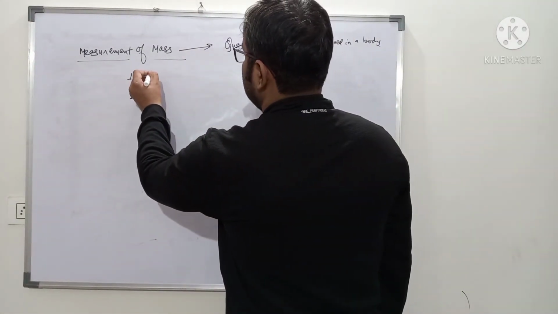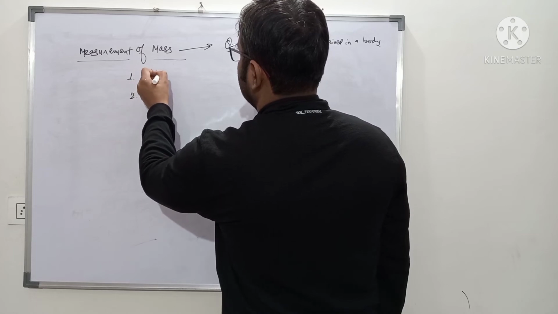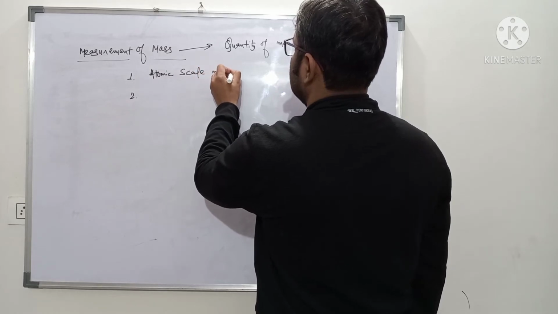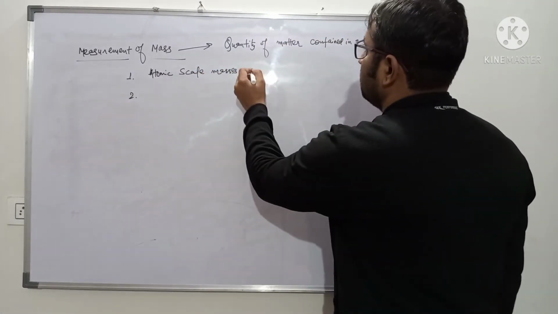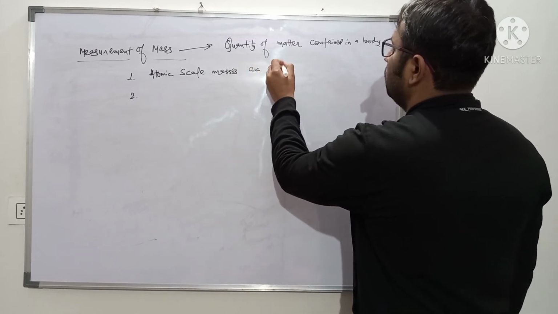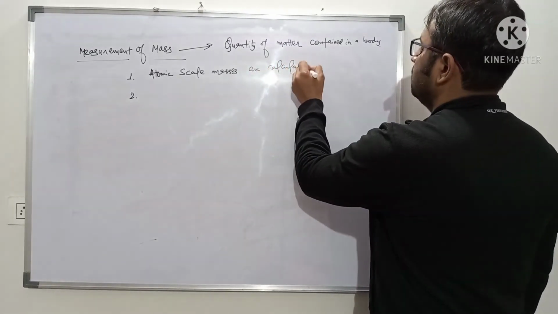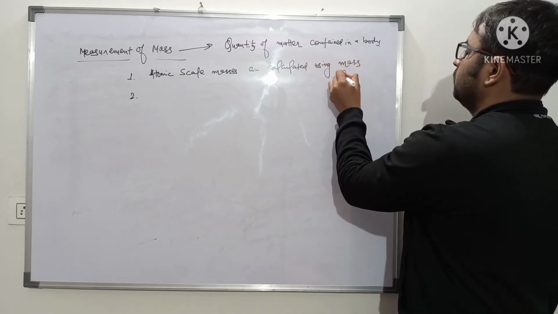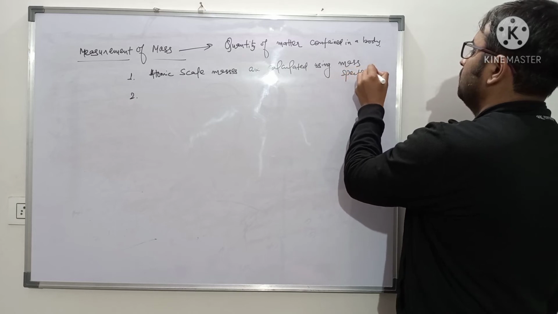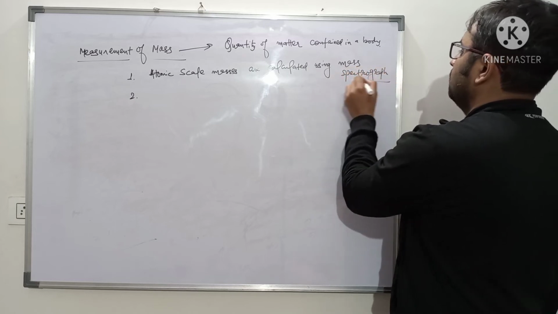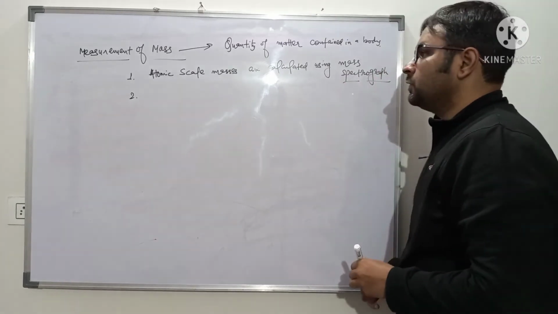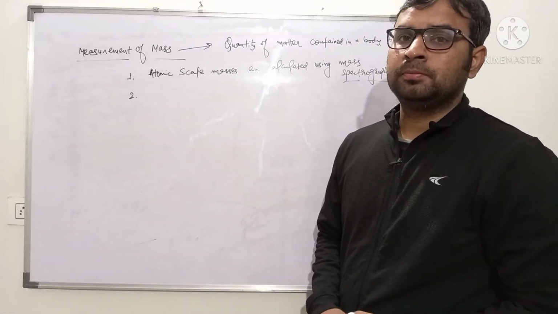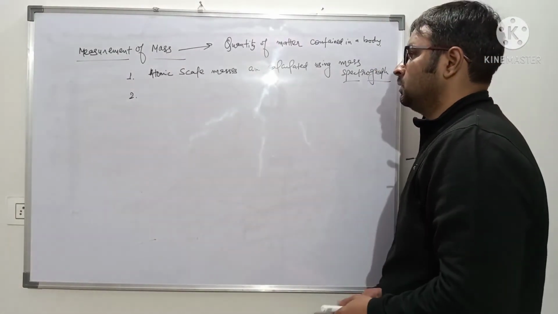So atomic scale masses are calculated using a mass spectrograph. This mass spectrograph is used to measure the mass of electrons, protons, neutrons, very atomic scale particles.